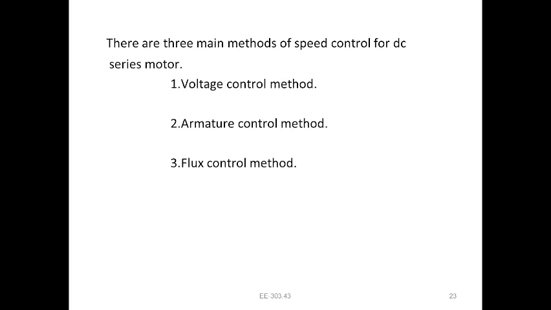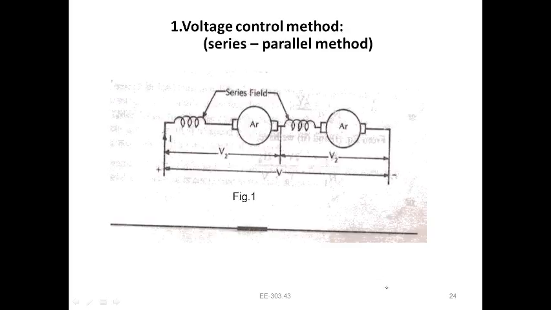Voltage control, armature control, and flux control methods are similar to those in the DC shunt motor also. In the voltage control method, we place the motors in series and parallel.